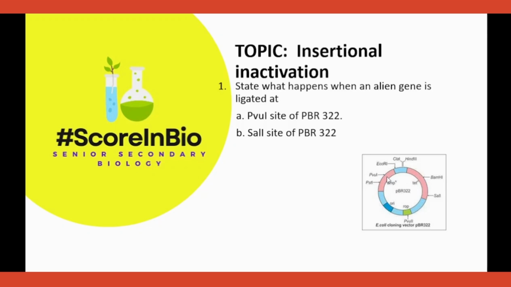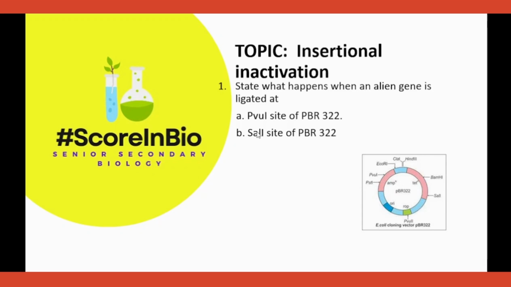What happened to the plasmid? What will happen is we are cutting through one gene. Its name is ampicillin resistance. Therefore, this gene will be insertionally inactivated. The host cell will not be any more resistant to ampicillin.